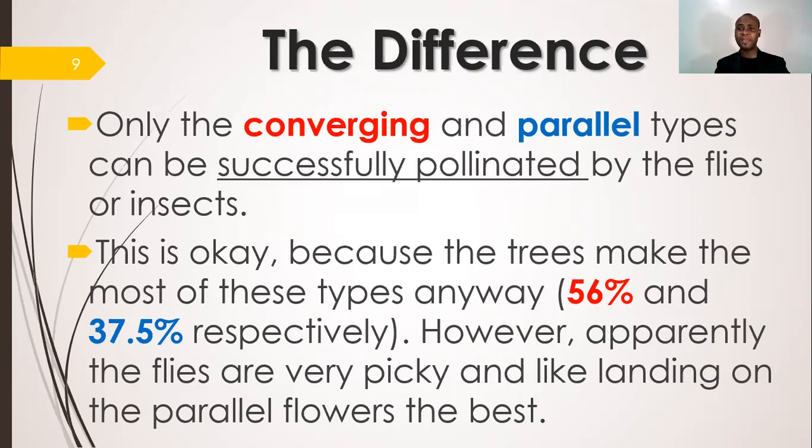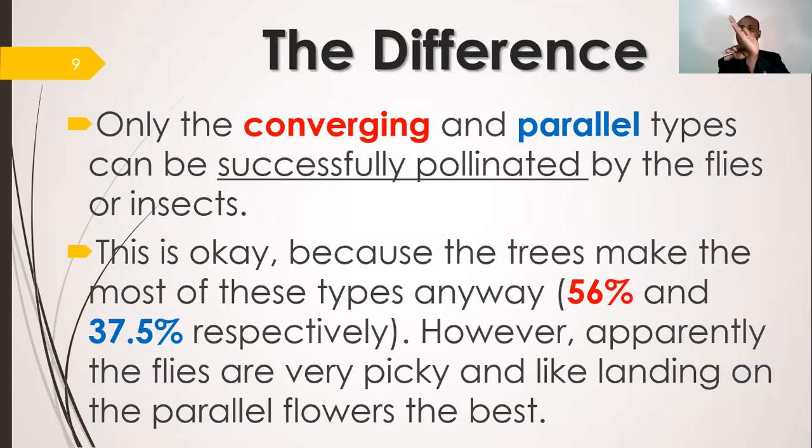Now let me add a little more explanation to this. Usually, the divergent flowers tend to cover the male part of the flowers. So the pollinators find it difficult to have access to the male part or to the pollen grains because it's like that.